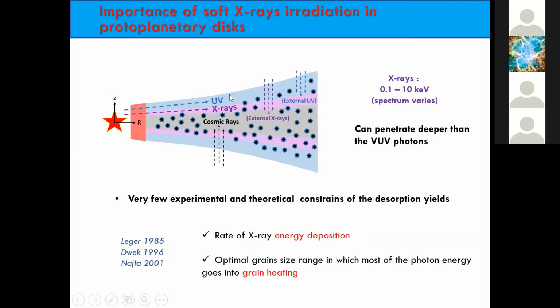Depending where you are, you can have different stratification, and you can find some regions where X-rays can penetrate, where UV is already attenuated. So it's really important to constrain the desorption yields, to compare with cosmic ray-induced desorption and to know if they need to be taken into account.